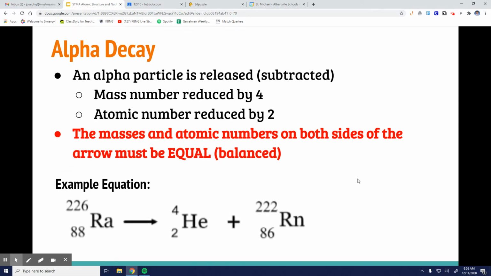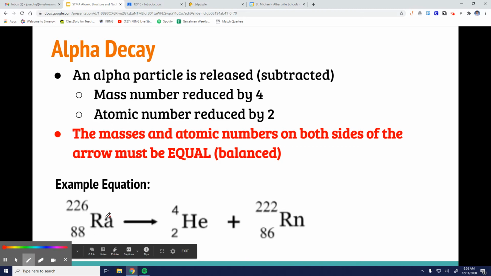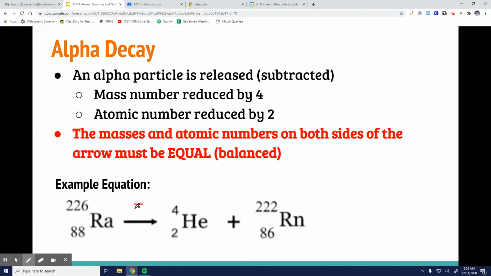So down here at the bottom, we have radium-226, so 226 mass number, 88 atomic number, which is going to go through alpha decay. We know it's alpha decay because we have the helium atom being ejected. That's one of the signs that it's alpha decay. So if we look at this, you can think of the arrow as an equal sign, we're going to reduce the 226 by 4.